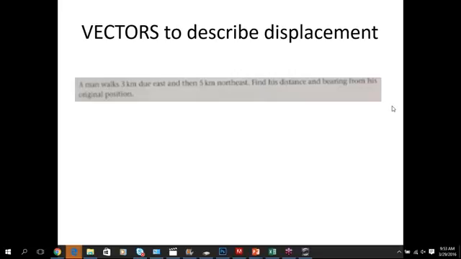What's the cos rule? A squared equals B squared plus C squared minus 2BC cos A. In this case, A is 135, B is 3, C is 5.